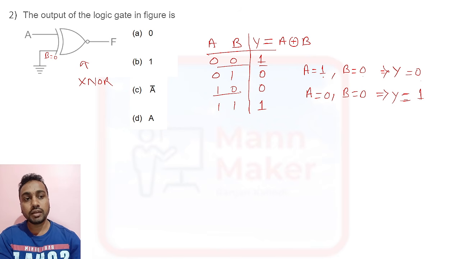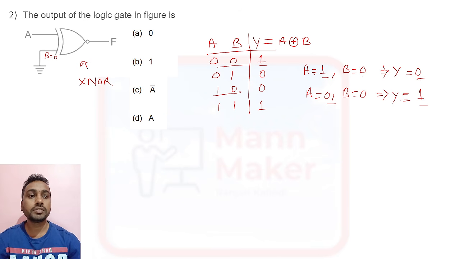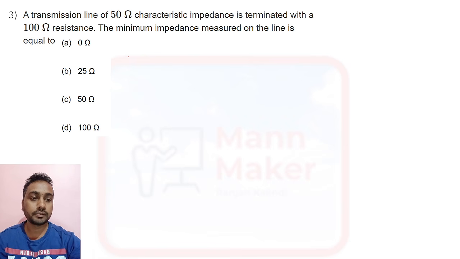So whenever A is 1, the output we get is 0, and whenever A is 0, the output we get is 1. Means whatever A is, in the output we get A complement, the opposite of A. So from here option C will be the right answer.